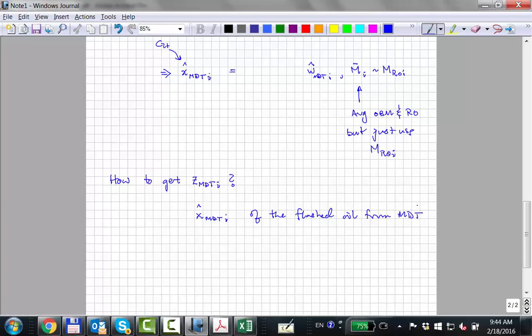Okay, we collect the MDT sample, we flash it down, and we get these mole fractions. And we're saying that the flashed oil is only C7 plus. Okay, that means that the flash gas is all the C6 and lighter stuff.